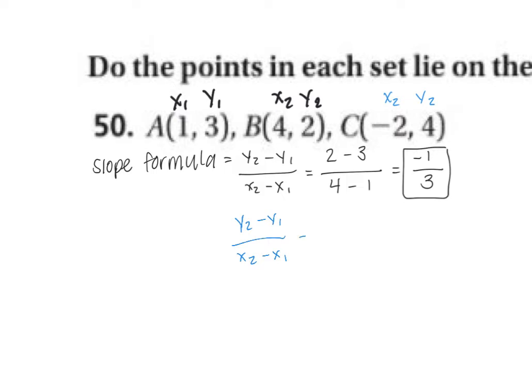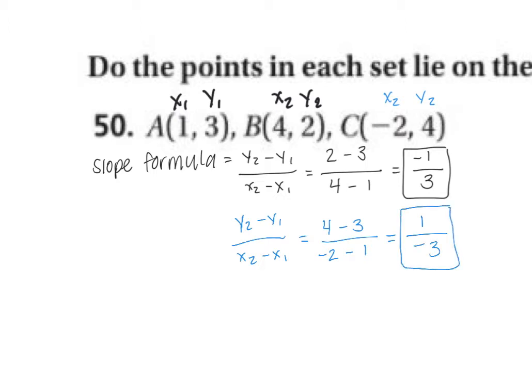In this case, we've got 4 as our y2 minus 3 over x2, which is now negative 2, minus 1. 4 minus 3 is going to give us positive 1 in the numerator. And in the denominator, we have negative 2 minus 1, which will give us negative 3.